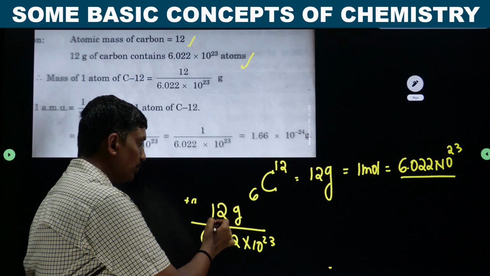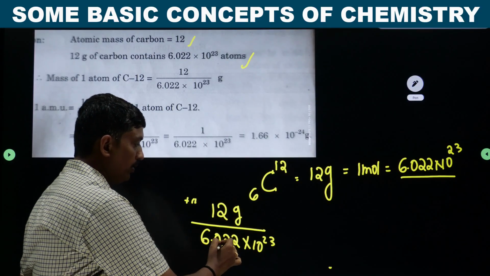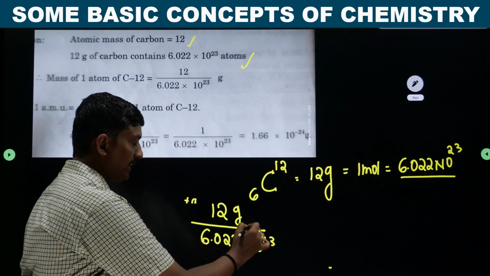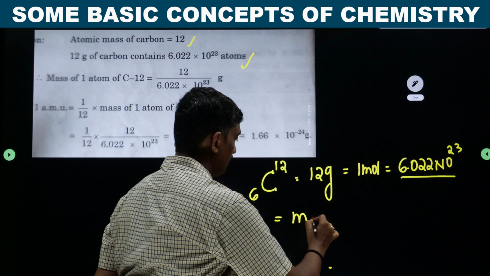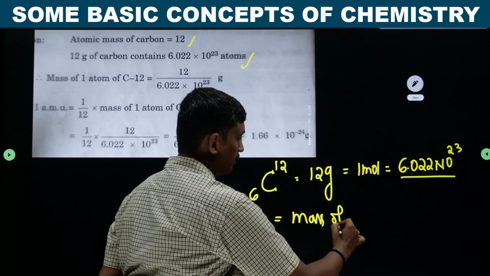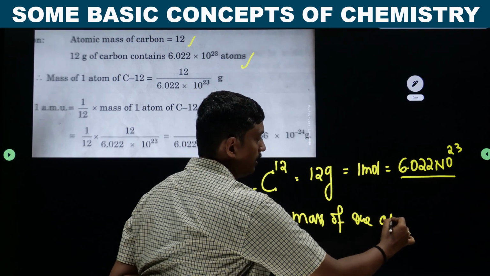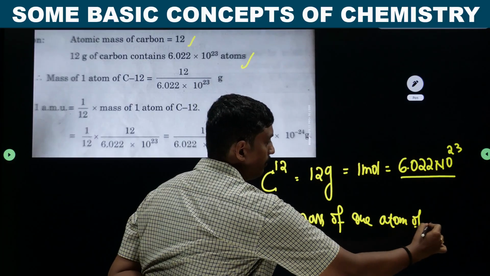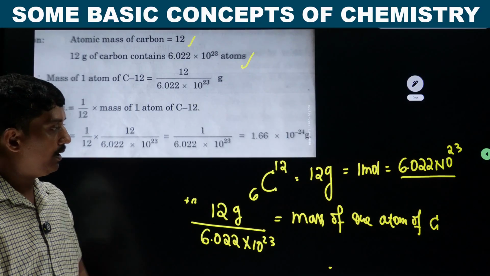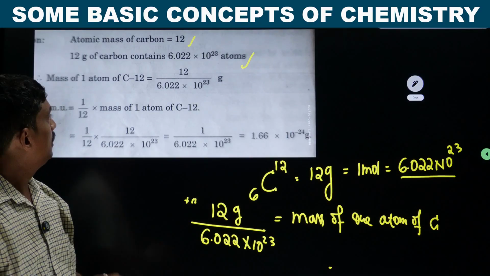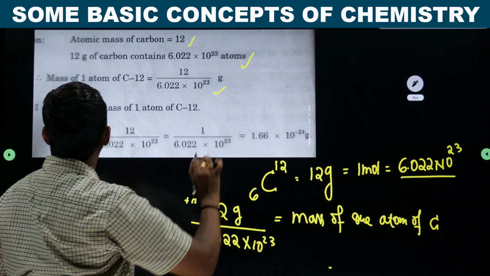If you divide 12 grams by 6.022 into 10 to the power 23, it gives the mass of 1 atom of carbon. So this part is over.